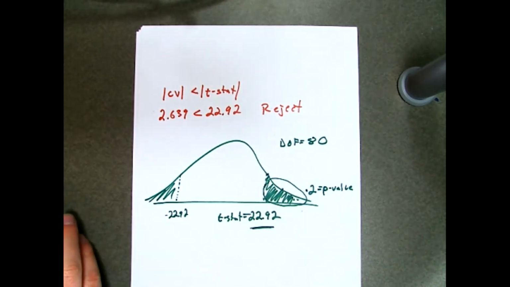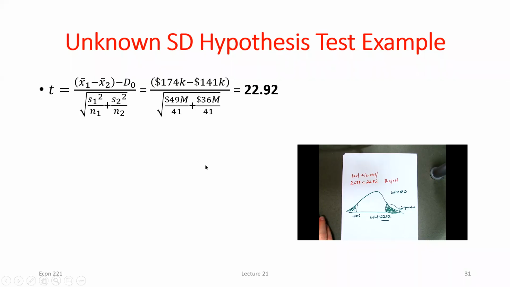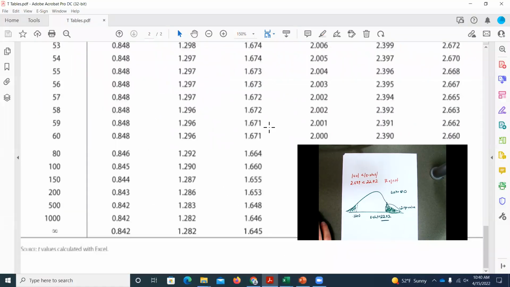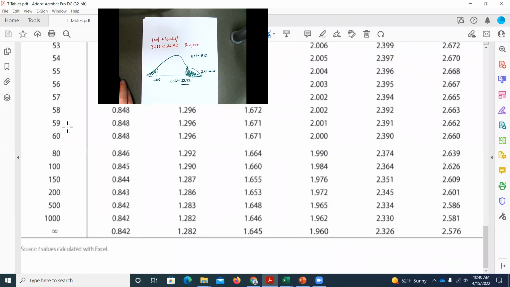Now, the problem is if I do this using the physical table, at degrees of freedom of 80, it stops at 2.6. I need to go out to 22.92. So I can't actually find the exact p-value.